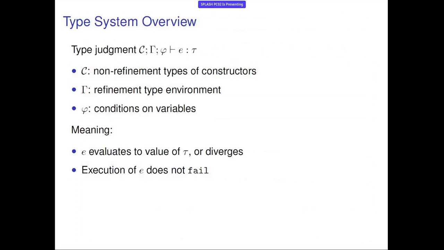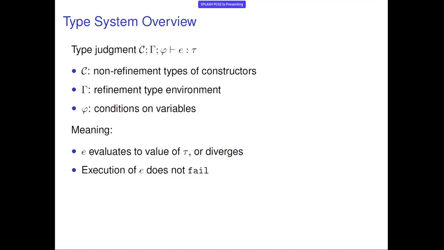And so this is a type system. Based on PRRTs, we introduced the type system. This judgment takes two environments, C and gamma, a precondition phi, an expression E and the type tau.